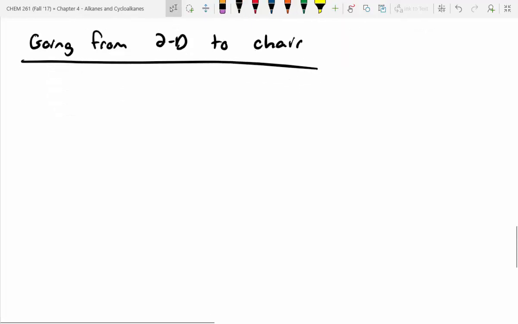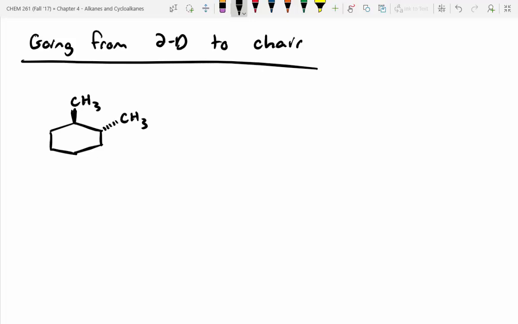All right, so let's start with this compound. I'm going to put a methyl group up on that position and down on this position, and I'm just going to label them as CH3s, right? Now what we need to do is name this.